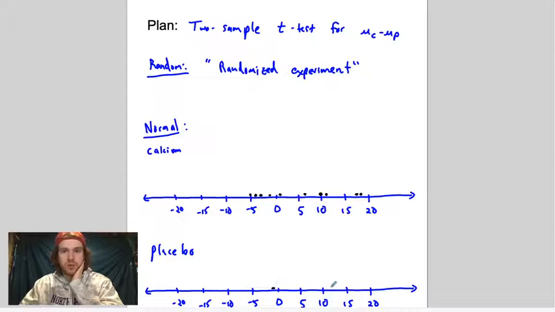Okay, and in the placebo group, there was one at -1. There was one at 12. Another one at -1. One at -3. One at 3, one at -5, one at 5, one at 2, one at -11, one at -1, another one at -1, one at -3.